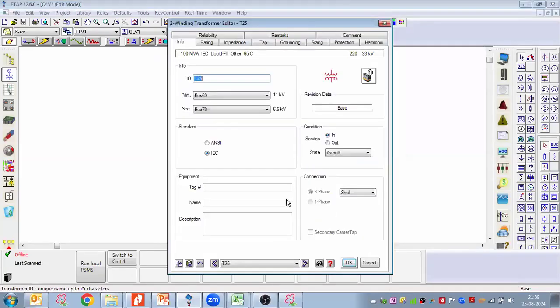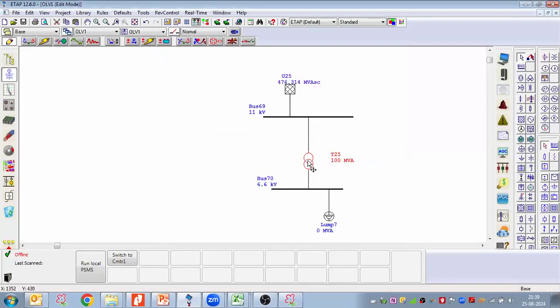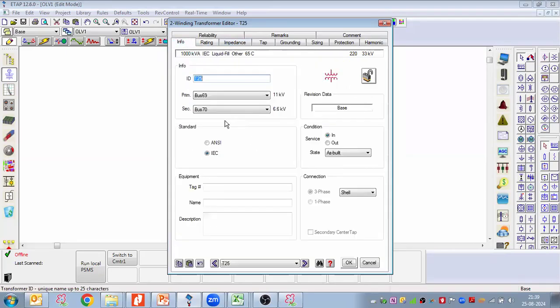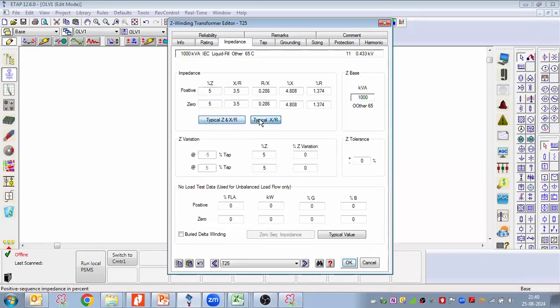Okay. Let us take a transformer. Let us take, like, not 100 MVA, let us take something like a 1000 kVA power transformer, with primary rating 11 kV and secondary 0.433 kV, and then we go with the typical impedance.